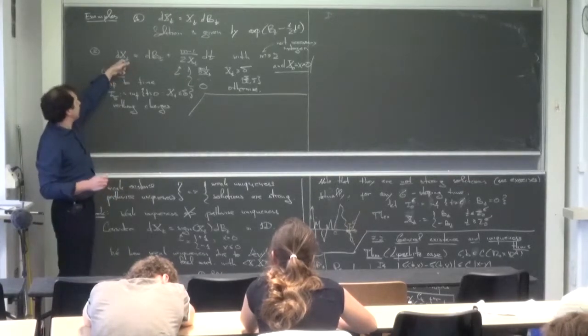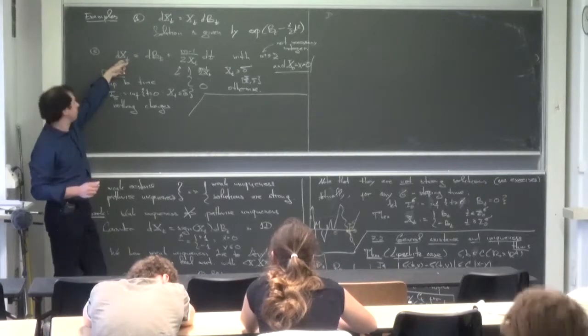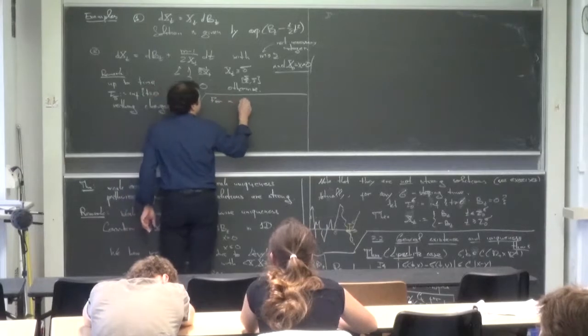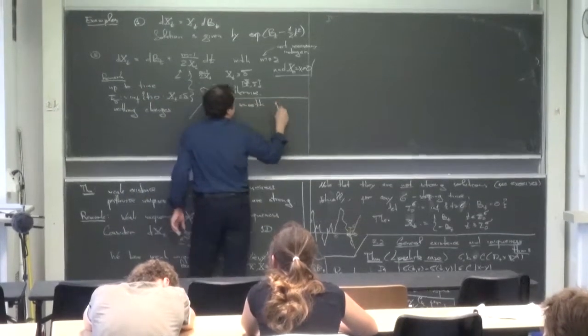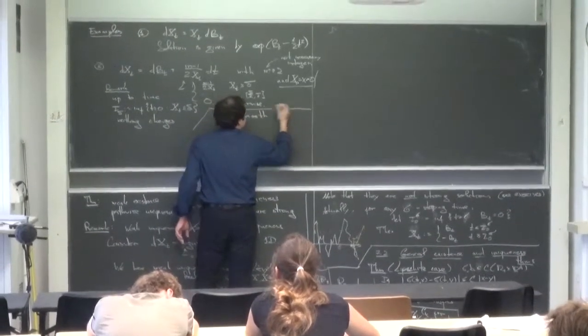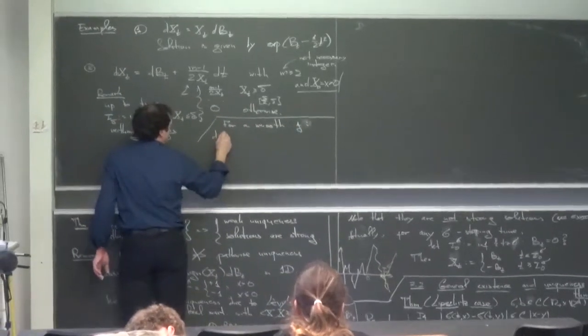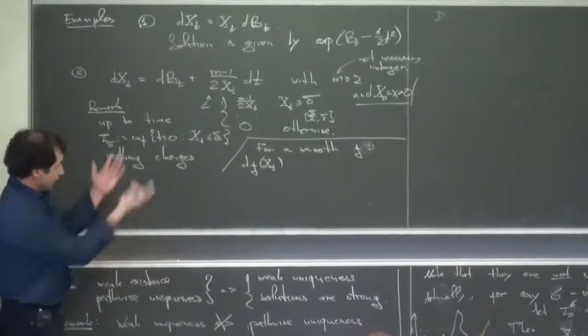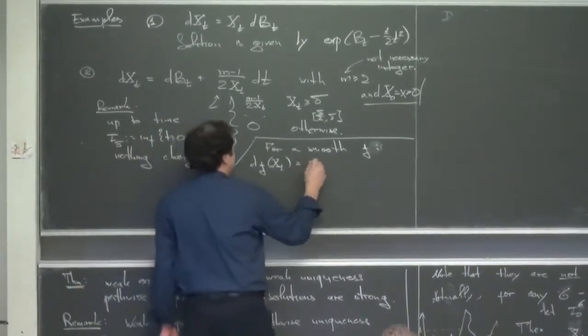Just here, imagine that we would like to find some martingale of the form f of x_t, for a smooth f. What is d f(x_t)? This is just Itô calculus, nothing complicated.